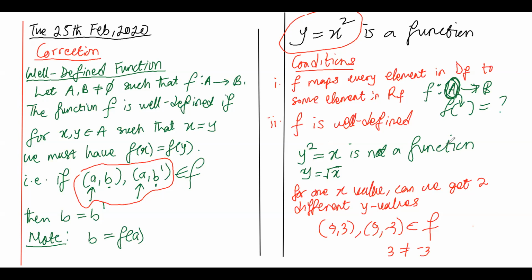Questions? No? So if you draw a picture, the arrow diagram, this is what you get. 9 will be mapped to 2 elements, which is wrong. And if you draw the graph of this function, you should have something like this, if I'm not mistaken. So for a single x, how many y values can you see?